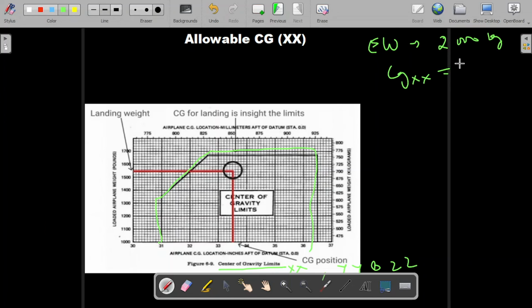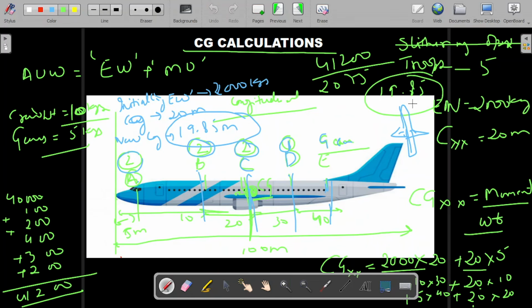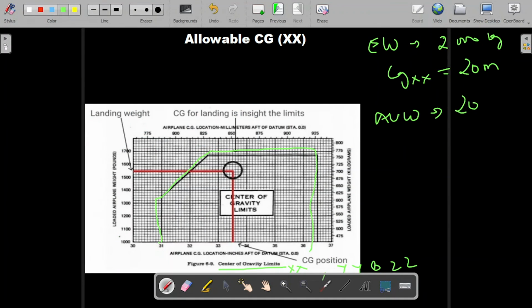So CG xx was 20 meter. So when we calculate the all-up weight, that was 2075 after adding the crew and their gear, the CG was shifted to 19.85.